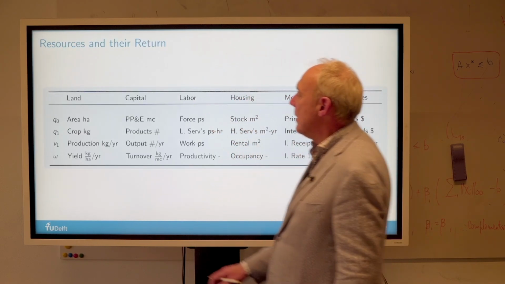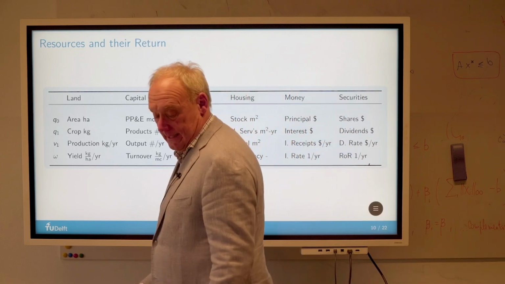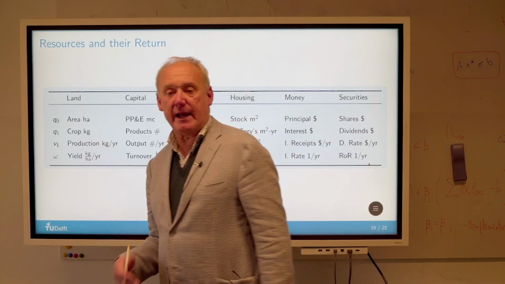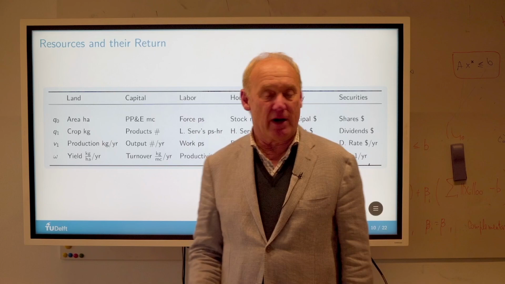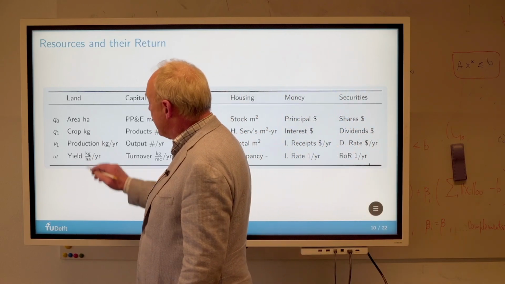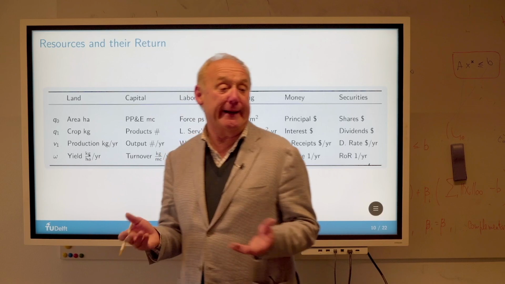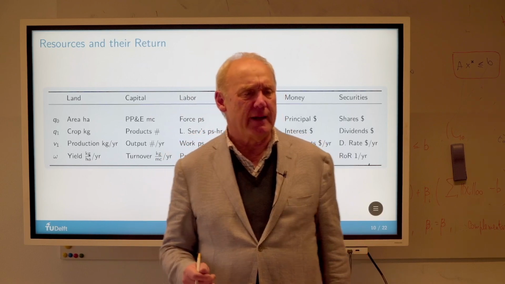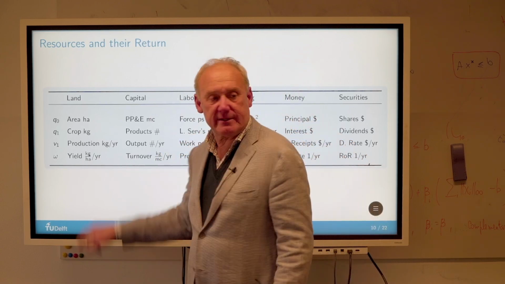So if you look at crops, they come in, say, so many kilograms of certain crops. And the yield will be then kilograms per hectare per year, all right? Because the land is measured in hectares.